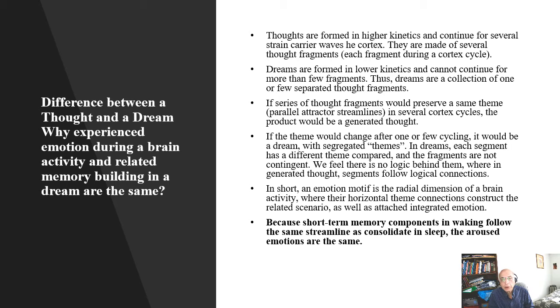Thoughts are formed in higher kinetics of the string carrier waves around the cortex, and they can continue and last for a much higher number of fragments. Just as a note, a fragment is a part of a thought that forms during one cycle of the cortex recycling.